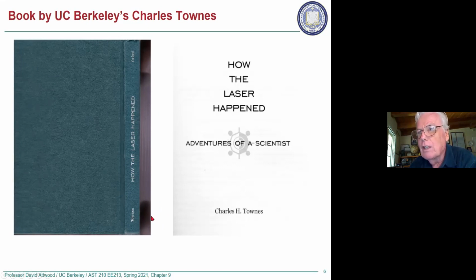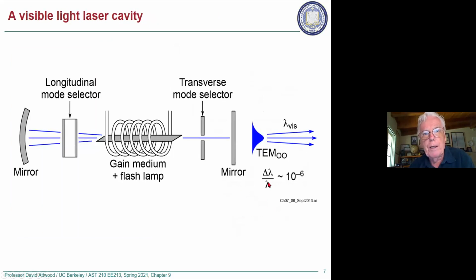So I'm just interested. Are any of you aware of that early history of the laser? No, okay. I'm not so surprised. Anyway, this is a great read. It's something you can read in just a few hours. It's an airplane book, but it's by our own Charles Townes, who died last year at the age of 99. And I've probably mentioned a few stories about him.